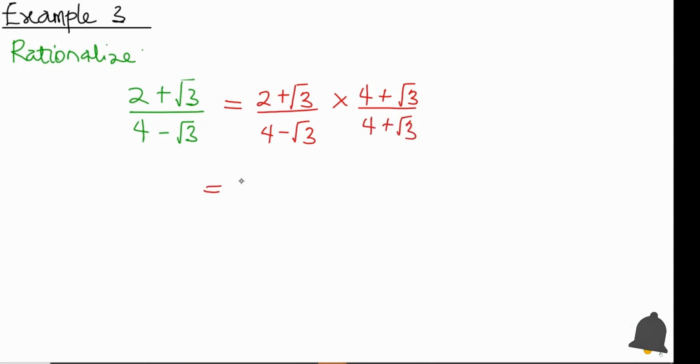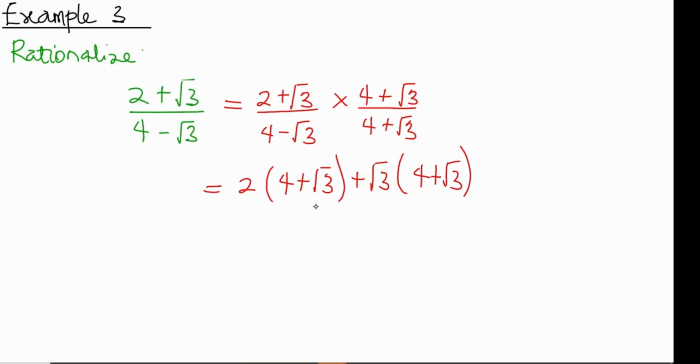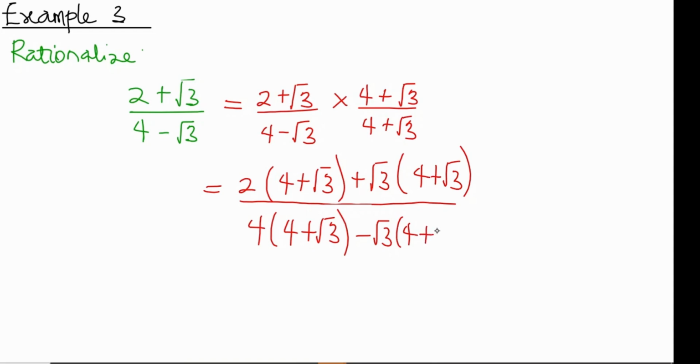Once this is done, then 2 multiplies the whole of 4 plus square root of 3, and square root of 3 multiplies 4 plus square root of 3, all divided by 4 multiplied by 4 plus square root of 3. Then we have minus square root of 3 multiplying 4 plus square root of 3.